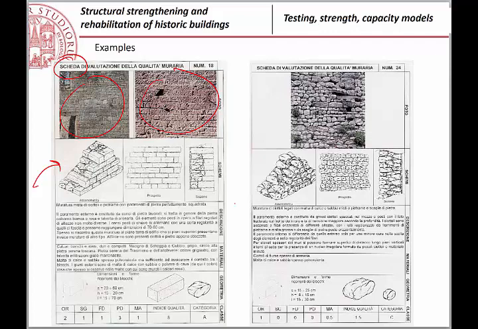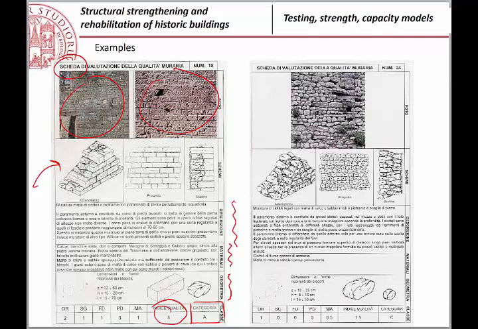Then there is a description of the materials, a description of the geometry, and then there are points to arrive at the quality index. For example, in this case it was 8. 8 is in category A.